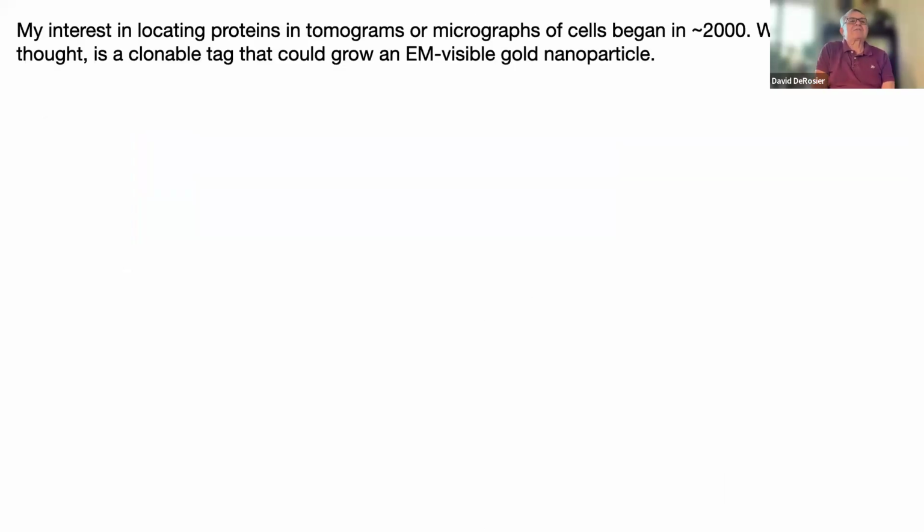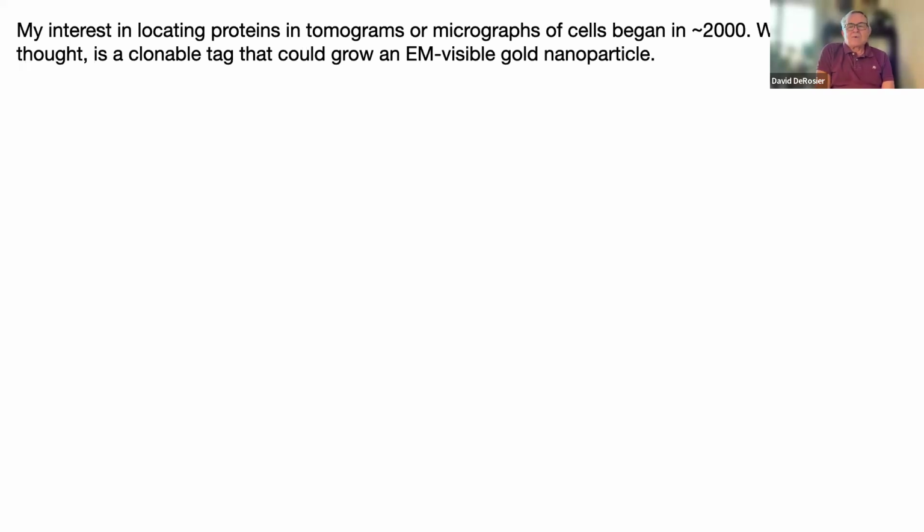Now, my interest in locating proteins began in 2000. I had seen people labeling structures with small gold particles, nanogold particles, and I thought what we needed was a clonable tag where you could grow an EM-visible gold particle from a gold salt.